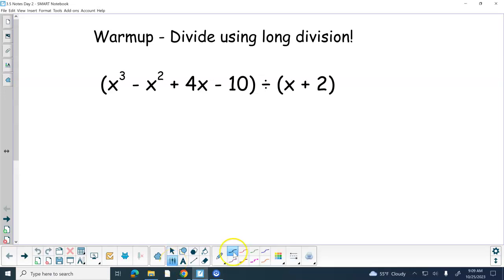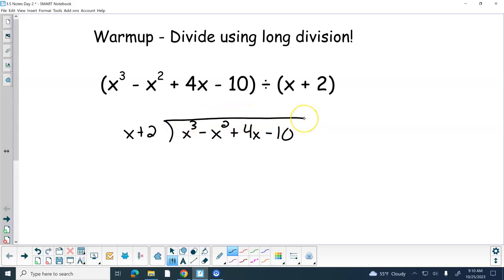So, x plus 2 goes on the outside. x cubed minus x squared plus 4x minus 10 goes on the inside. x squared would be what makes the first the same.